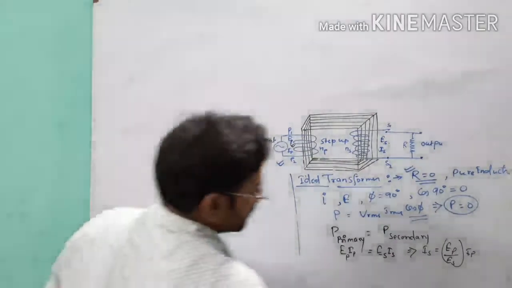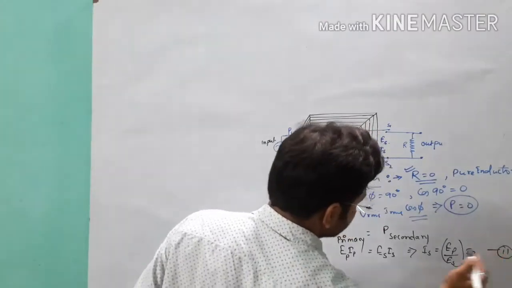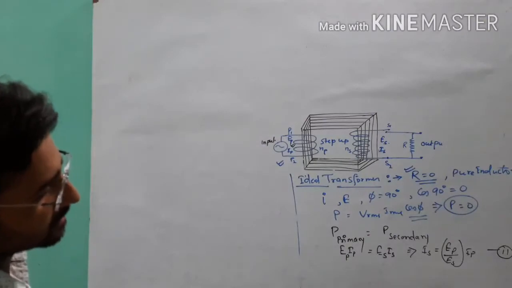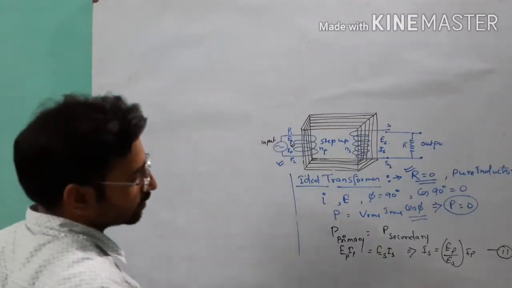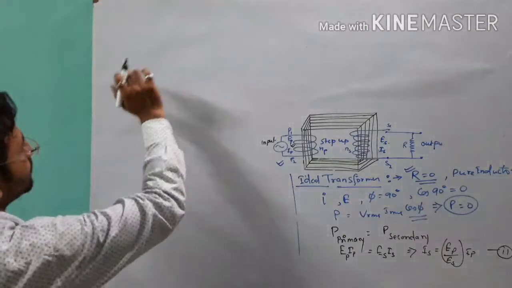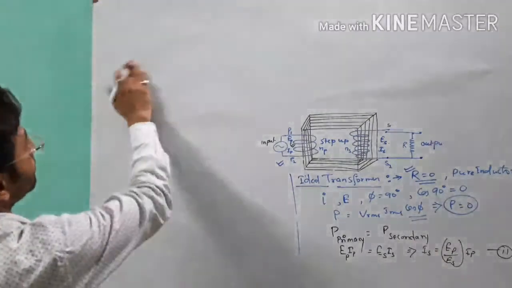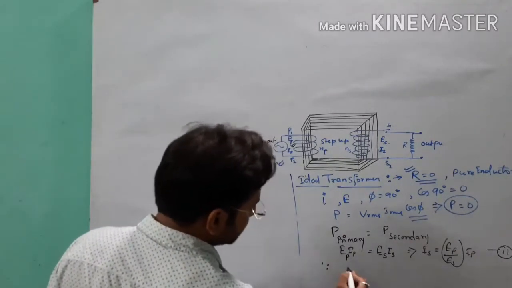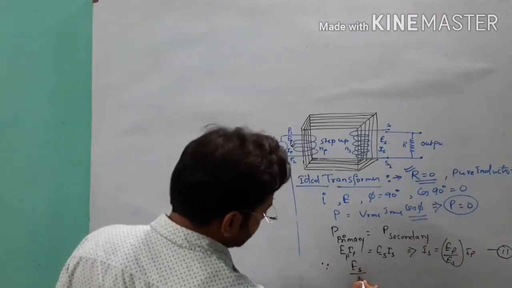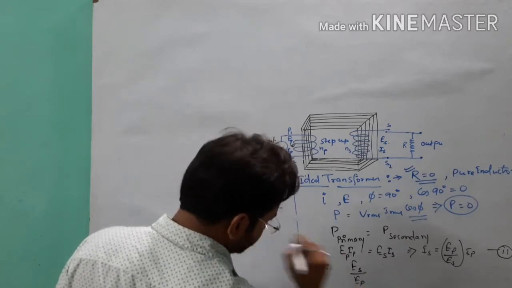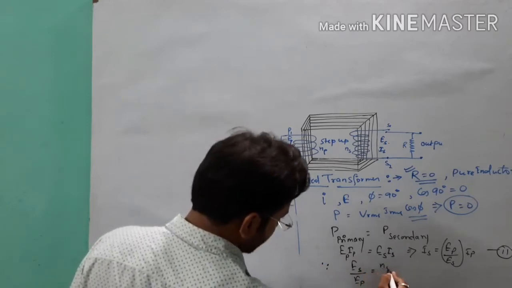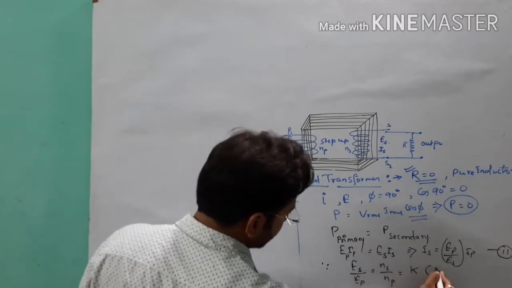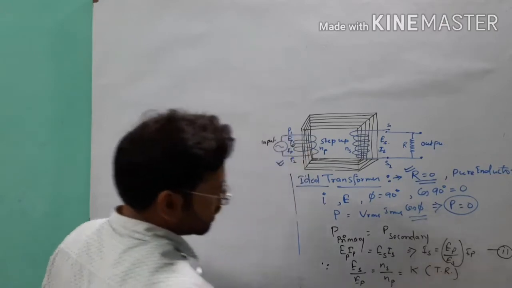Now see, I have this result, this is supposed to be equation number 2: IS is equal to EP over ES into IP. And one more relation I have, as we know from the previous relation, ES upon EP is equal to NS upon NP, and this is equal to K, which is called the transformer ratio.